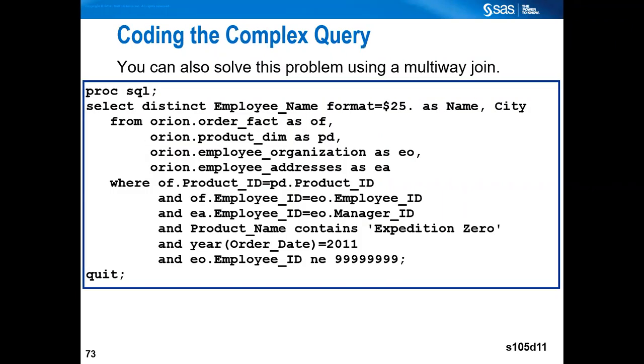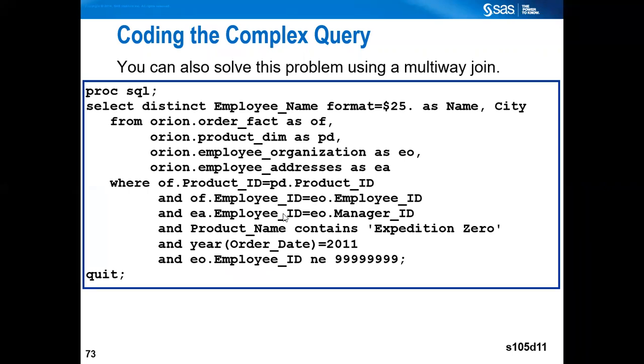But the same thing, if you do not want to write a subquery or an inline view, you can simply write it this way. Look at it: order fact, product, employee organization, address. You're giving each table an alias. Product ID is common, and employee ID is common with which table? It's common with your organization and of course with the order fact table.